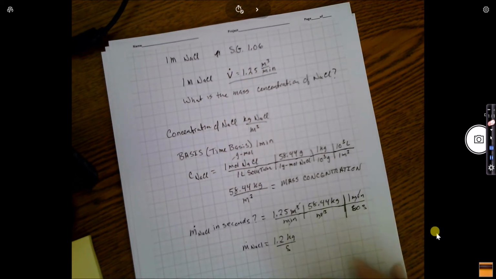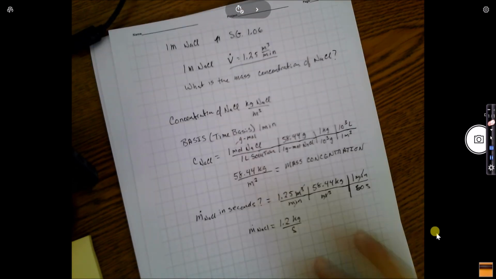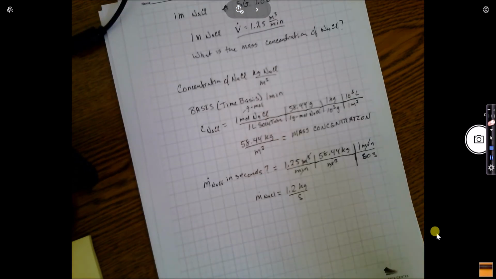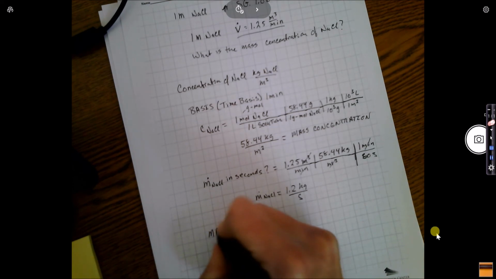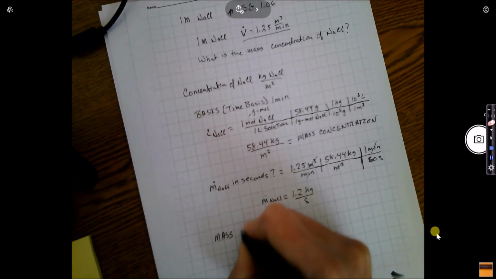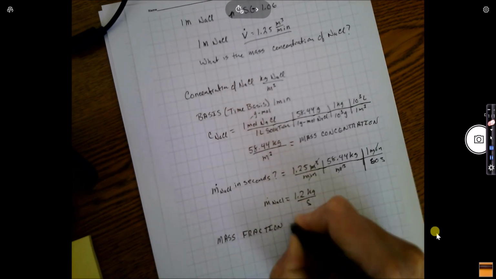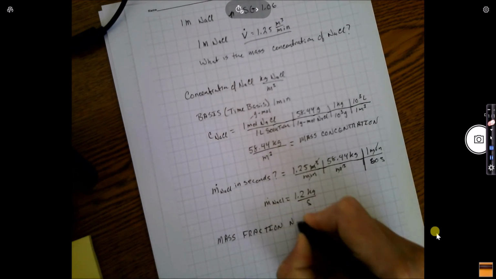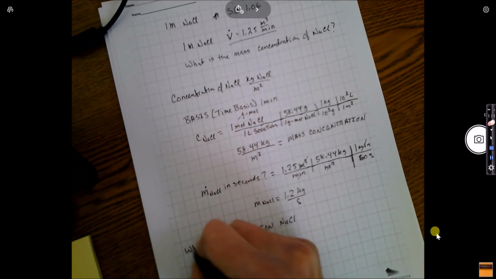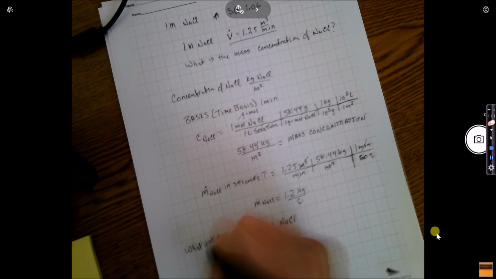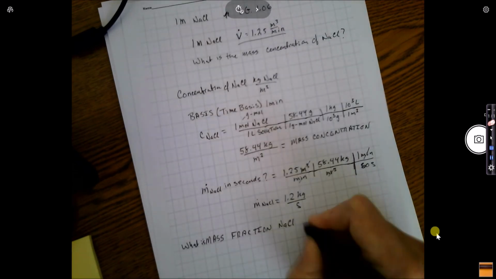Now, to tie everything together with other concepts we've talked about today, why don't we talk about the mass fraction of sodium chloride in our solution? Okay, so what's the mass fraction? Let me write.